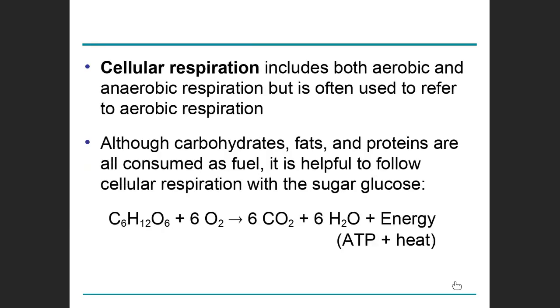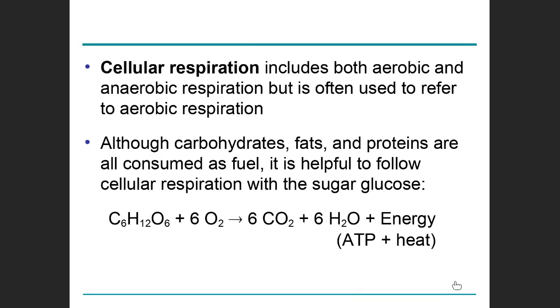So cell respiration includes both aerobic cell respiration and anaerobic respiration, but most of the time when we talk about cell respiration, we mean just aerobic cell respiration. But any type of respiration by a cell which produces ATP is cell respiration.